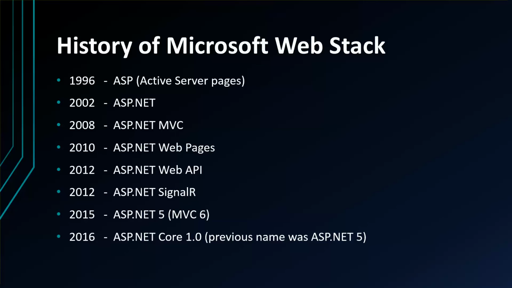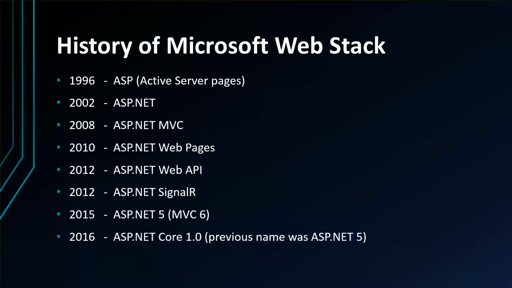In 2008, Microsoft released ASP.NET MVC, in 2010 ASP.NET Web Pages, and in 2012 ASP.NET Web API support for web services. In 2012 again they released ASP.NET SignalR for online communication, chat kind of applications.